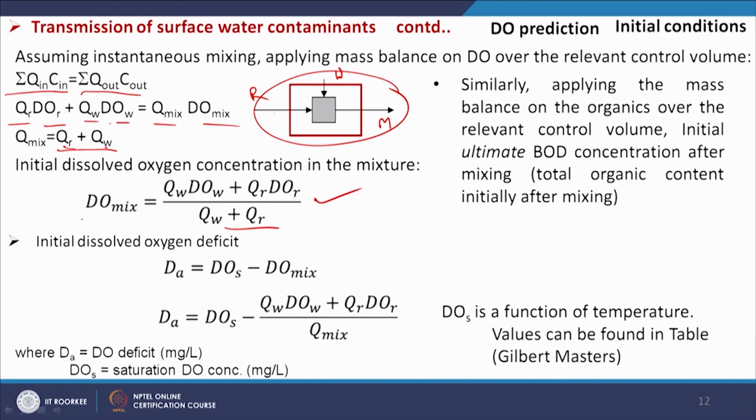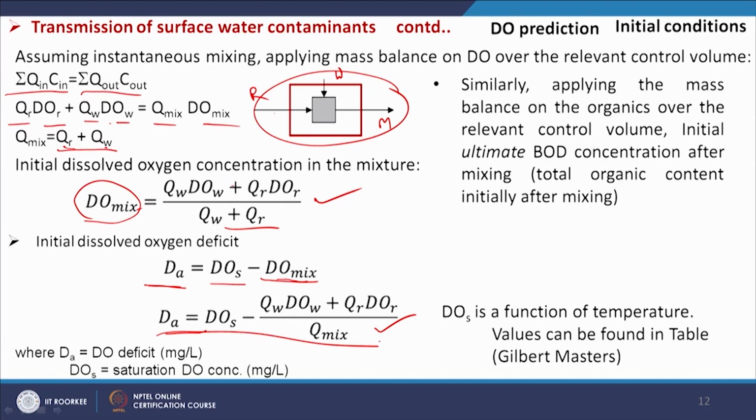Now, this DO mix we can represent in terms of deficit. Deficit equals the saturated dissolved oxygen value minus the DO actually available in the mixture. So, DOS minus DO mix is equal to DA, the deficit of oxygen after mixing. Replacing DO mix with this expression, we get the expression here as DA.